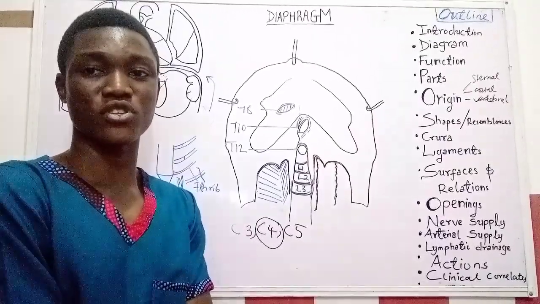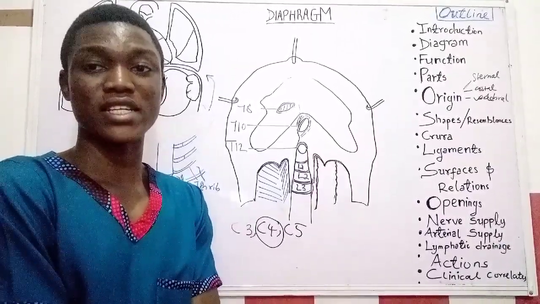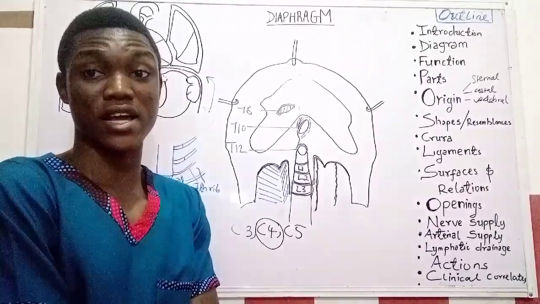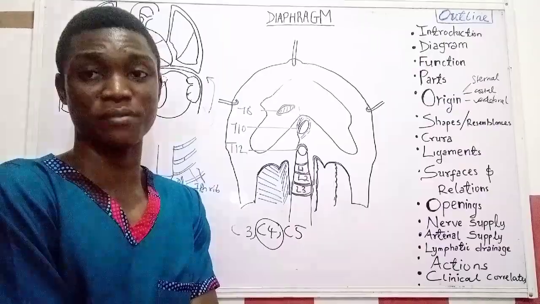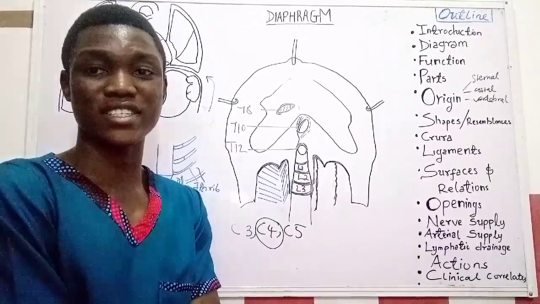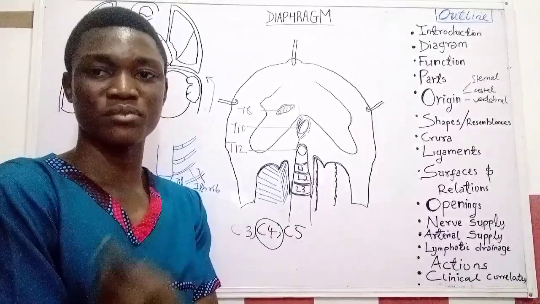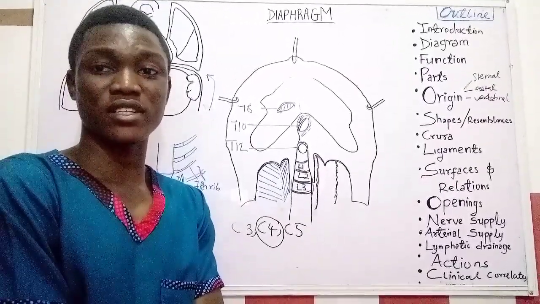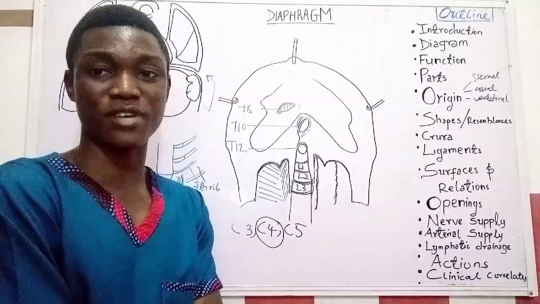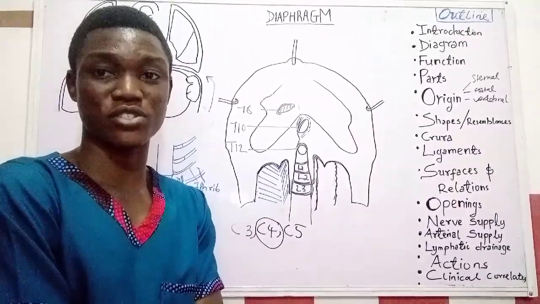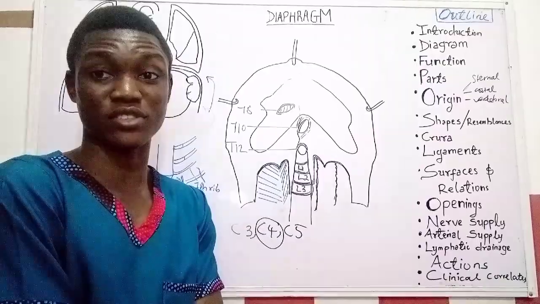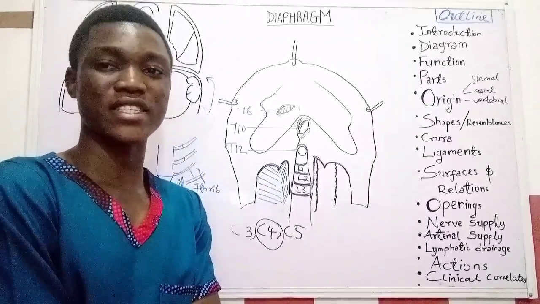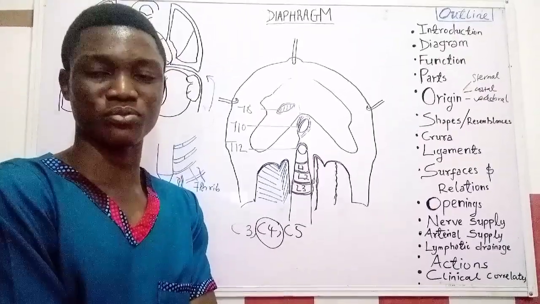So one of the functions of the diaphragm is that when an individual takes in air, that is, inspires air, it causes an increase in the thoracic volume, and of course leads to the contraction of the diaphragm and causes the depression or the descent of the diaphragm downwards.